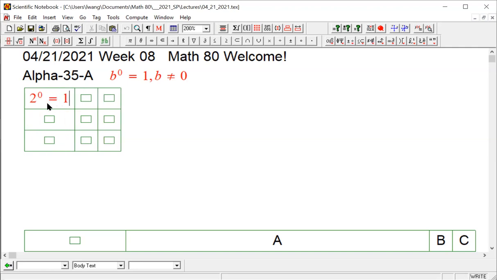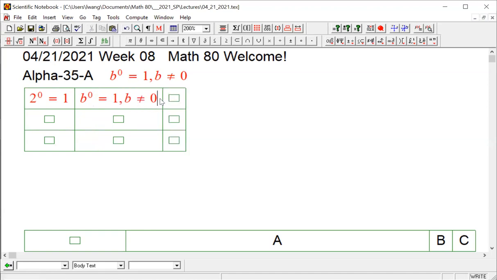Right? And the second one, b raised to the power 0. Well, that equals 1, but you have to make sure b is not 0. Then 4x. In alpha 35A, we are told all variable bases are not 0.